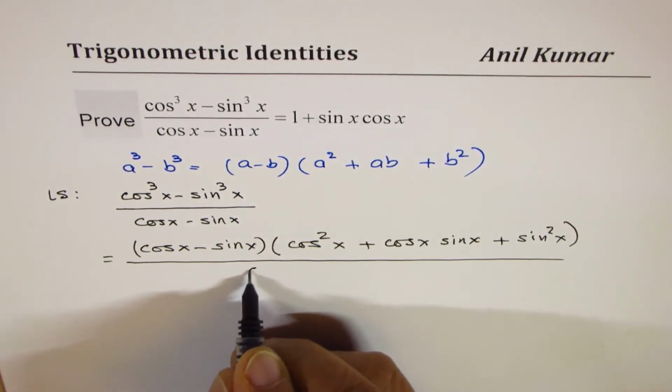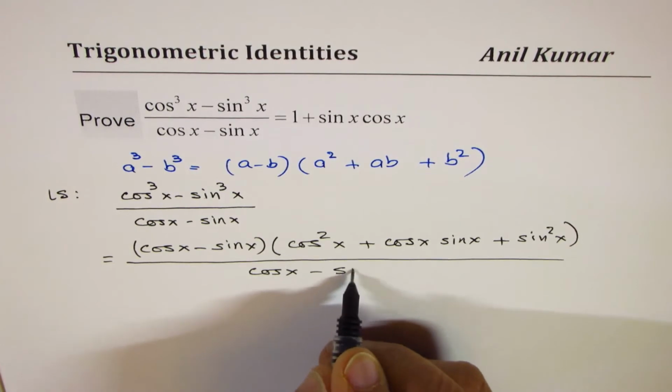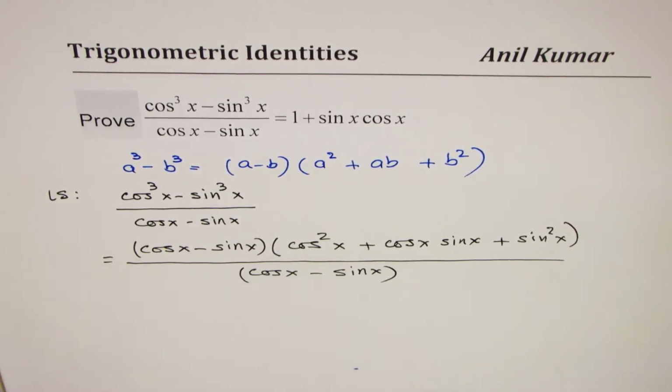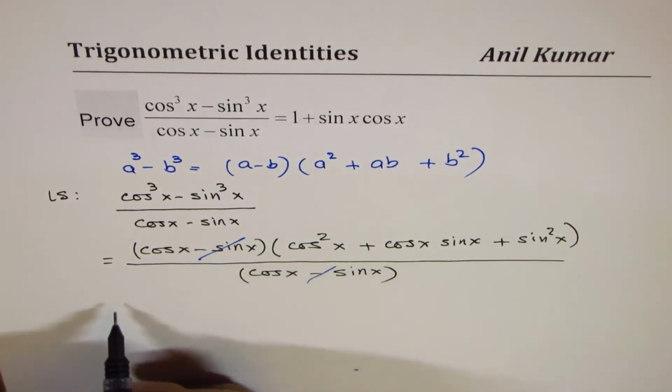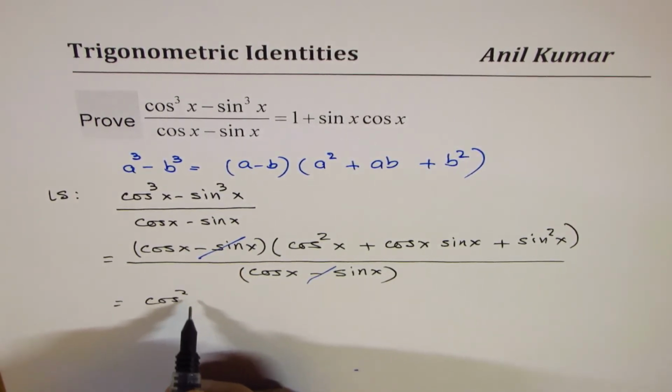Divided by cos x minus sine x. So clearly you can see this factor cancelling off, and you're left with what? You're left with cos square x.